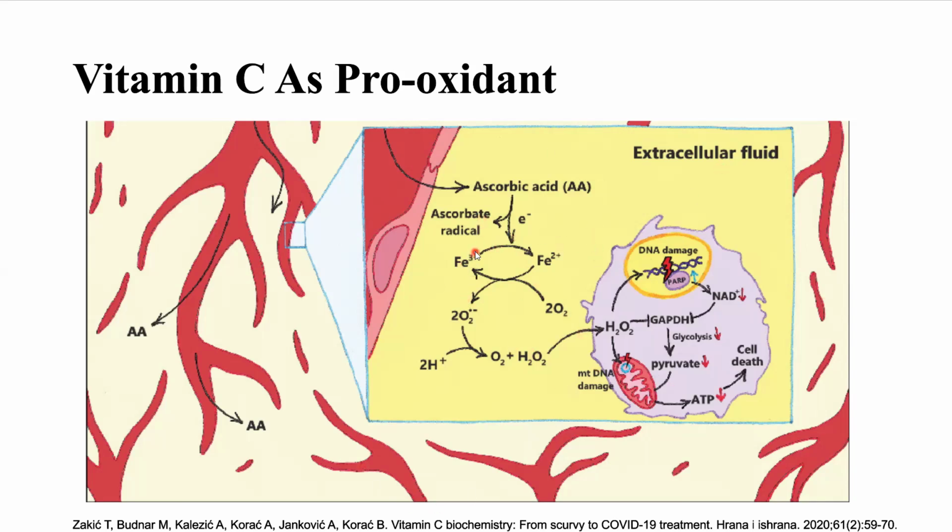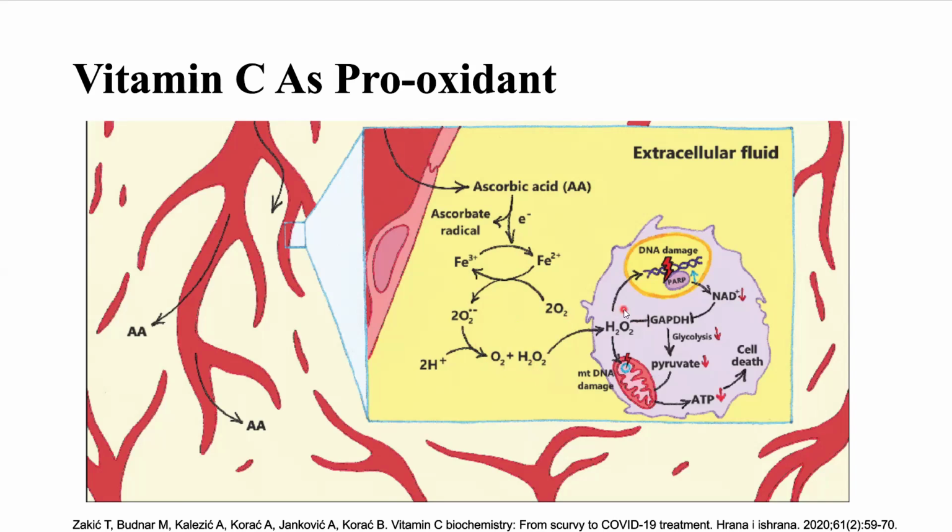In the extracellular spaces, it is being converted into ascorbate radical, and the electron from ascorbic acid actually converts ferrous into ferric, and then it causes the formation of superoxide, which ultimately causes the formation of very harmful reactive oxygen species, that is hydrogen peroxide.